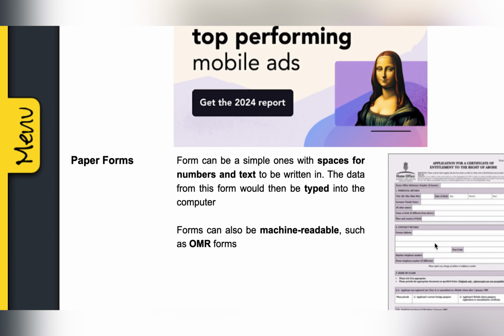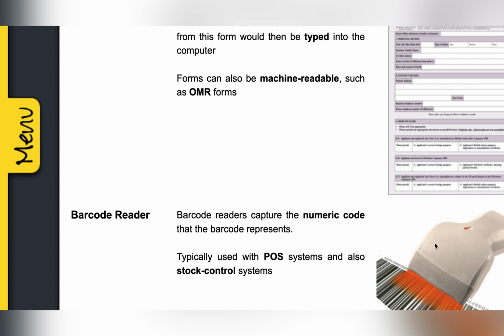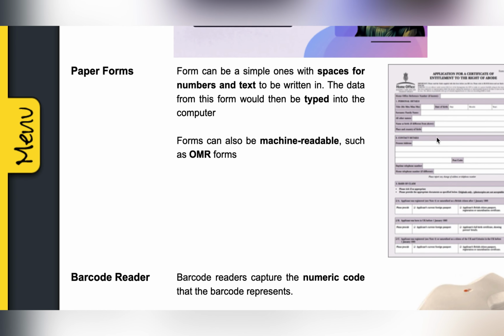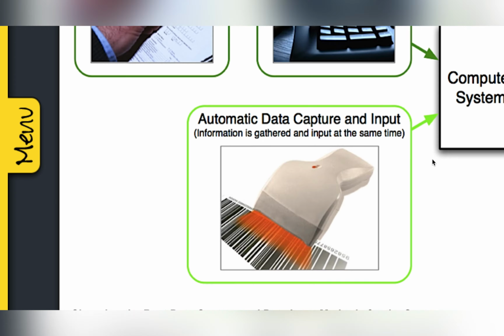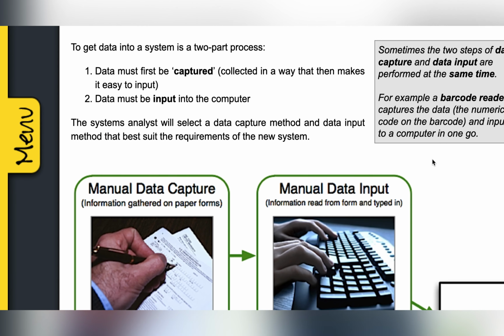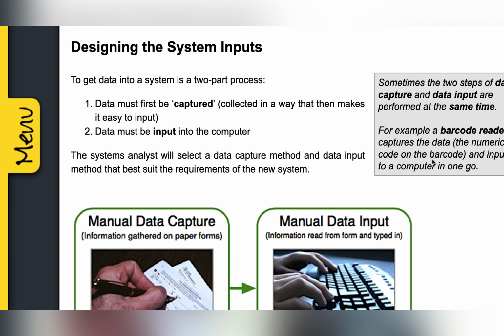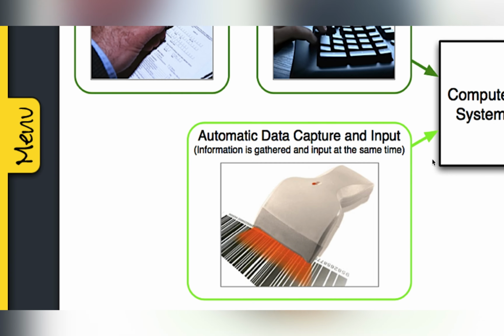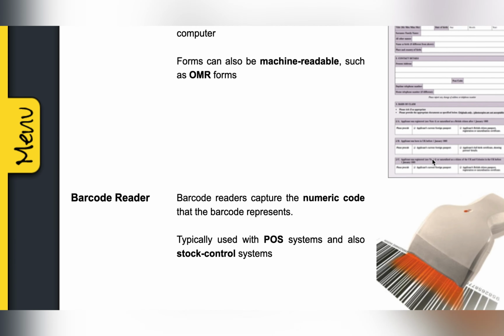Whatever you fill in here, the receptionist or whoever is on the desk has to type every piece of information you provided into their computer. So these are two ways of capturing data. Either you capture it or you manually input it into the system. So this is for the input.